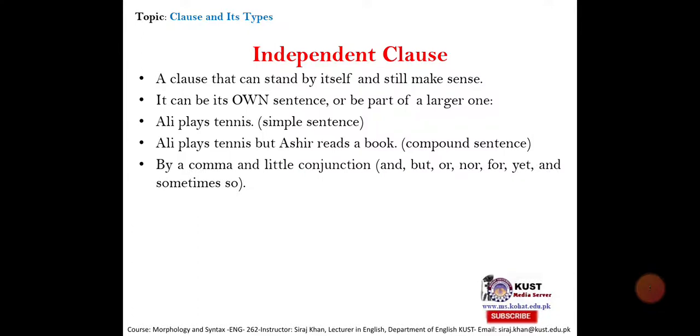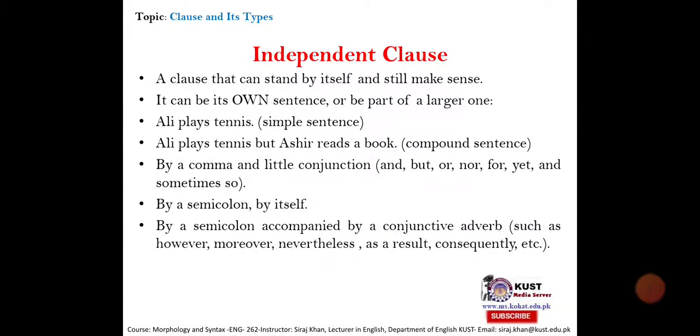Independent clauses can be joined by a comma and a little conjunction: and, but, or, nor, for, yet, and sometimes so, as we explained in the last lecture about coordinating conjunctions. The coordinating conjunctions give us independent clauses. Or by a semicolon by itself, or by a semicolon accompanied by a conjunctive adverb as we explained in the last lecture.